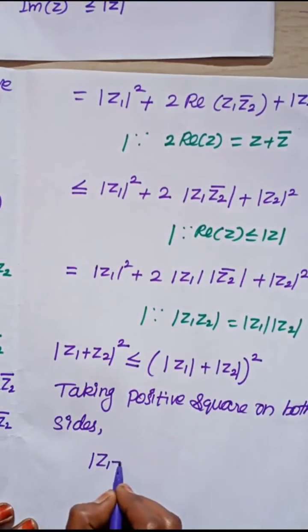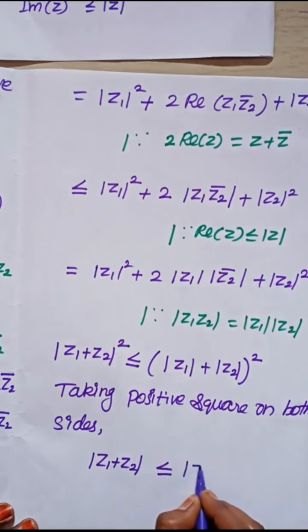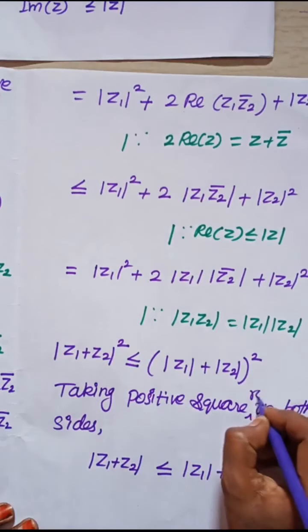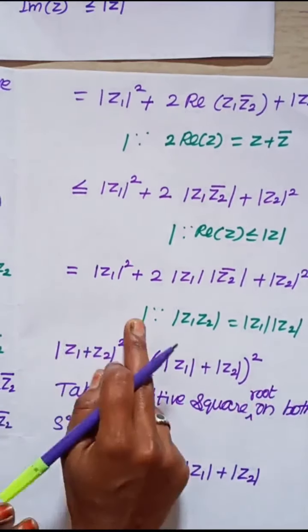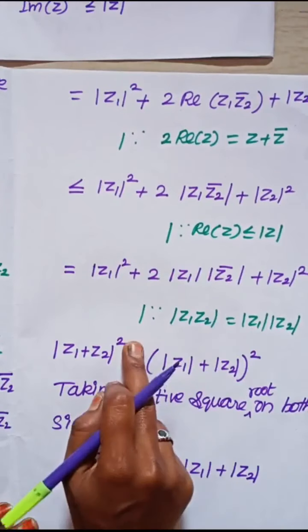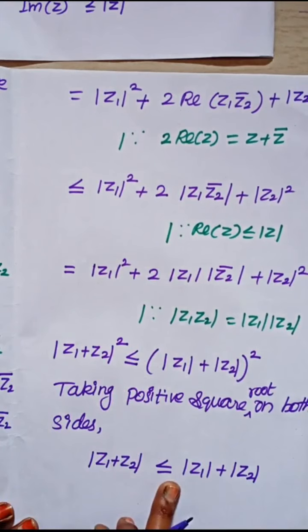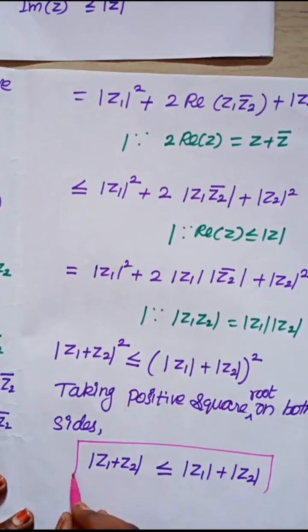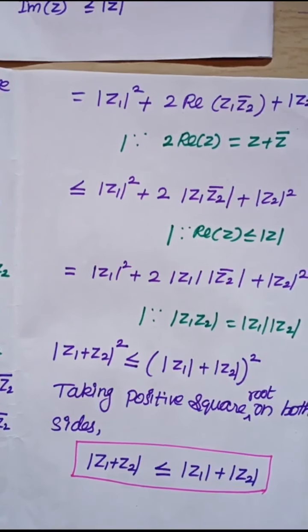So modulus of z1 plus z2 squared is less than or equal to modulus of z1 plus modulus of z2 squared. Taking the positive square root on both sides, the square and square root cancel, and then modulus of z1 plus z2 is less than or equal to modulus of z1 plus modulus of z2. Hence the theorem is proved. Hence the property is proved. Okay, did you understand? Read it once again.